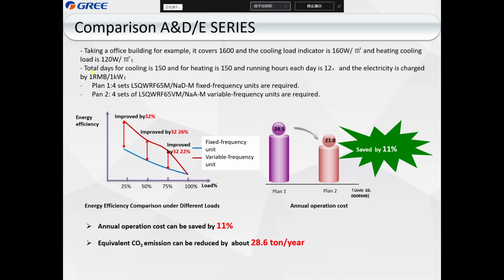The total days for heating is 150, and for cooling is 150. Running hours each day is 12. Under this condition, we use plan 1, which is 4 sets of fixed frequency, and plan 2 is 4 sets of inverter frequency.